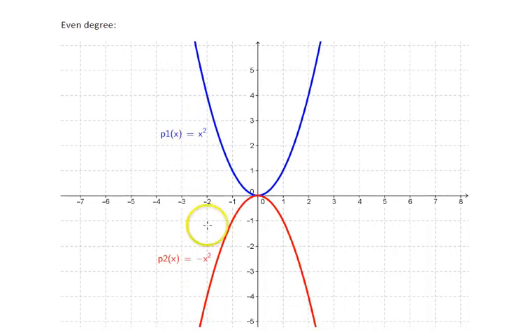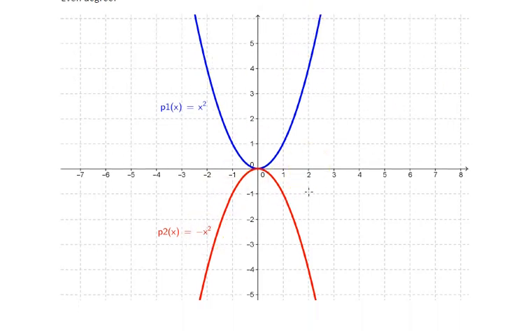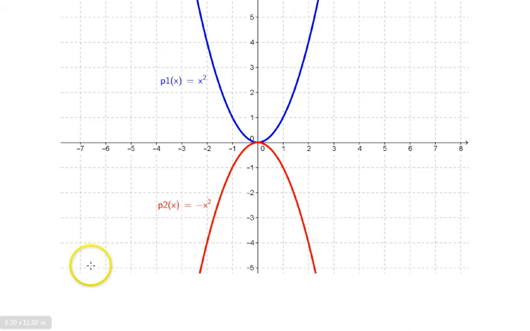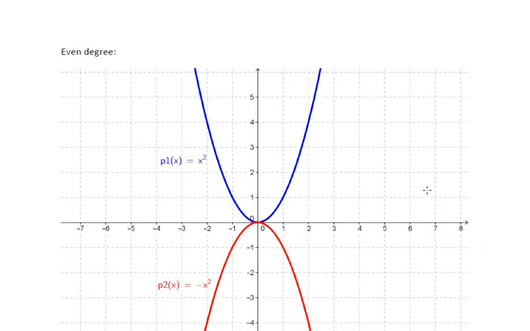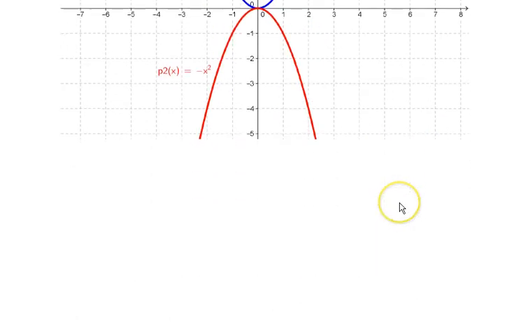If it was x squared, it would look like x squared here, and all the even powers look similar to x squared. As you go to the left and you go to the right, the values go up and up. If you take minus x squared, the values go down and down. Those are even degree leading terms.